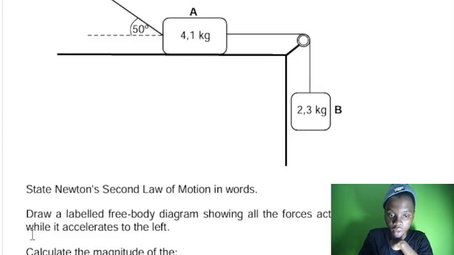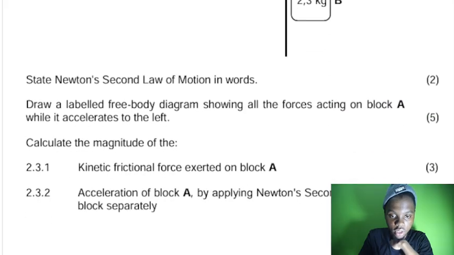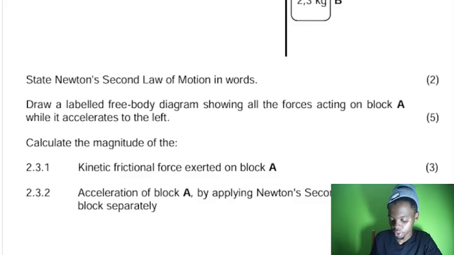So the first question said: calculate the kinetic frictional force exerted on block A. So that will be Fk equals Uk times N, and N is Fg minus Fy. Our Uk, or coefficient, is 0.35 multiplied by 4,1 multiplied by 9,8.